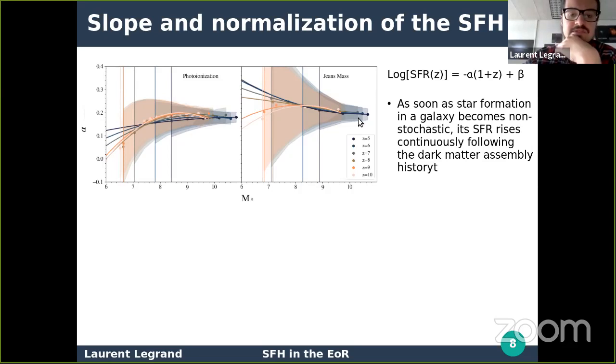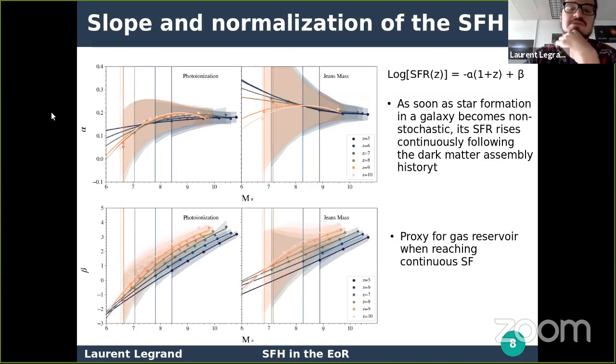And for the Jeans mass model, it is about the same plateau here. Now, secondly, we have beta, the normalization of the star formation history, which is a proxy for the gas reservoir when reaching continuous star formation. And we can see that it, again, increases with redshift and with stellar mass as well.